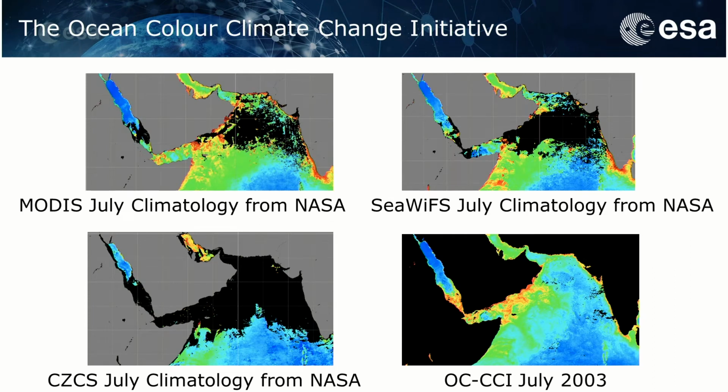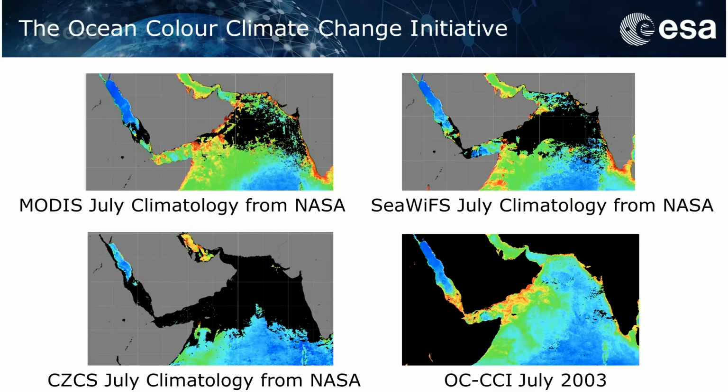Okay, the other great thing about merged ocean color products is you can significantly improve the spatial coverage in your data. And this is an example from the Red Sea. So here we've got the Red Sea, Gulf of Aden, and going out into the Indian Ocean. And this is a climatology of July from the MODIS sensor, the SeaWiFS sensor, and the CZCS sensor.